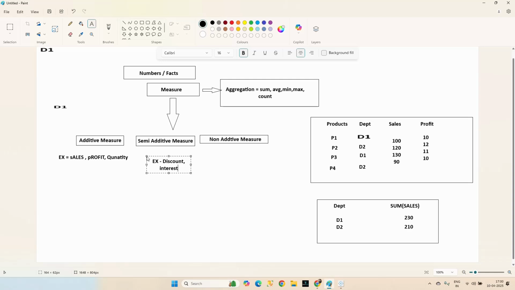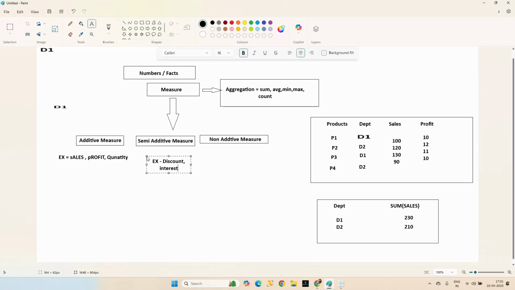That home loan tenure is 10 years. Every month you pay the interest. But that interest rate is not the same every month. This month you can get 8.4. If repo rate is increased, next month you can get 8.3, 8.2. Like that, it will vary.